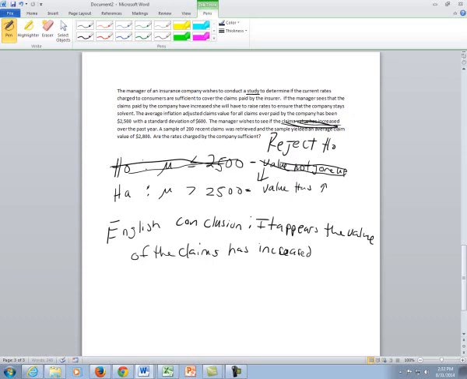So it appears that the value of the claims has increased. So what does that mean? What does our manager here for this insurance company need to do? So if the value of the claims has increased, based on this study, the insurance company manager is most likely going to need to raise rates, okay? She needs to raise rates to keep our company solvent.